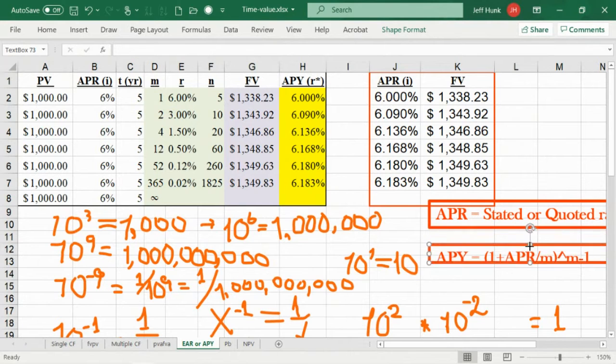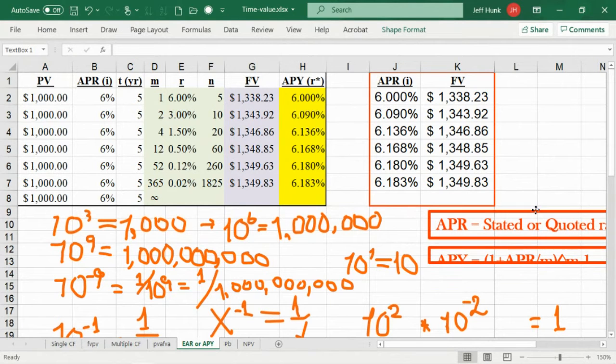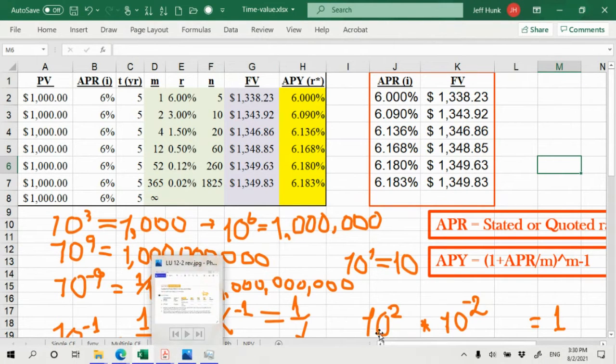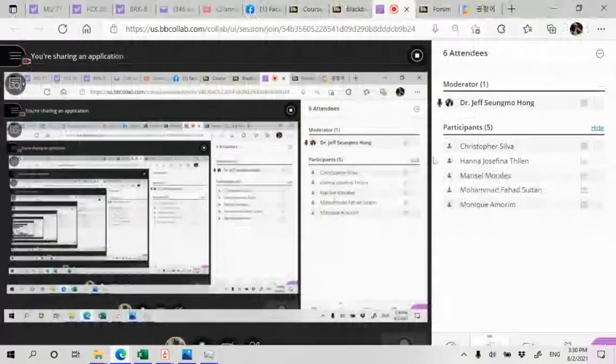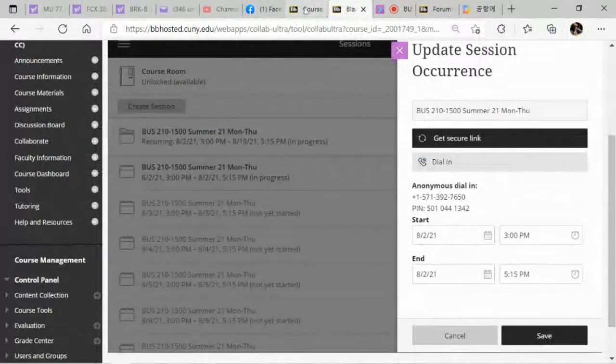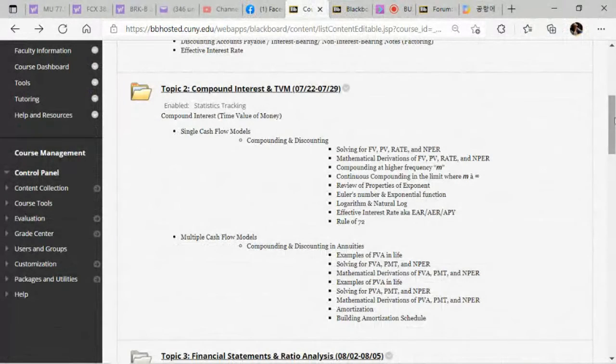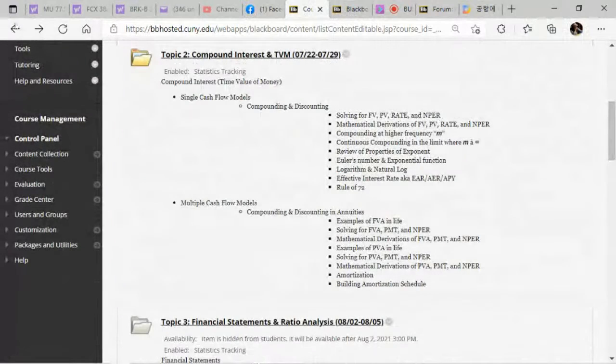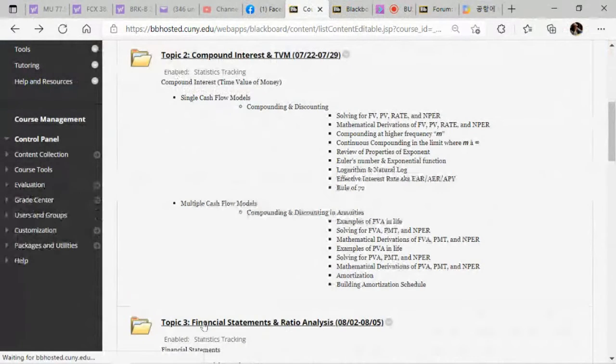Verify that. Next, I deliberately left row 8 blank because it's going to take some time to get to that point. But if you have already watched the videos, as of today, you should have watched Topic 3.